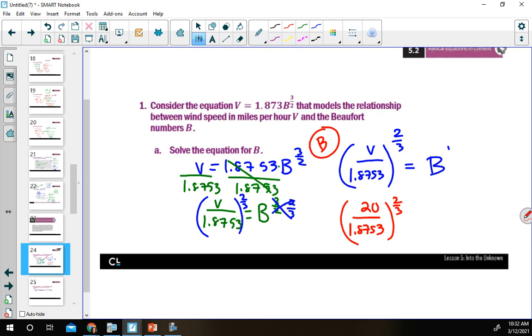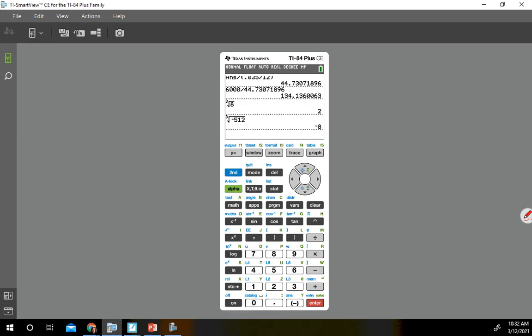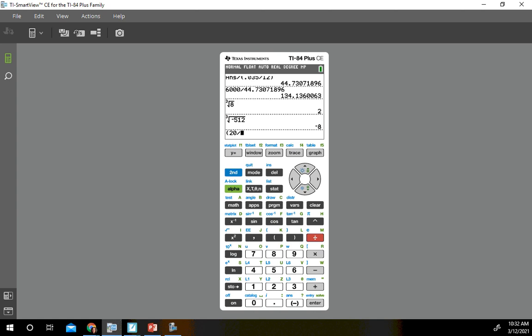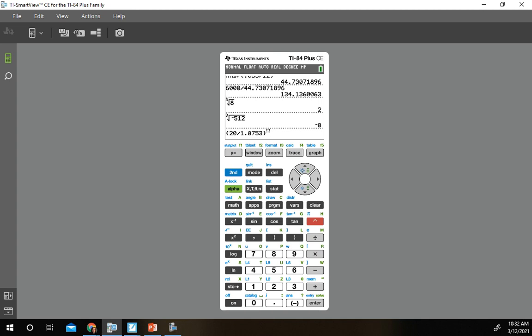So I'm going to type this in my calculator. 20 divided by 1.873, all to that. If you don't get prompted for that exponent, you have got to use parentheses around your 2/3.